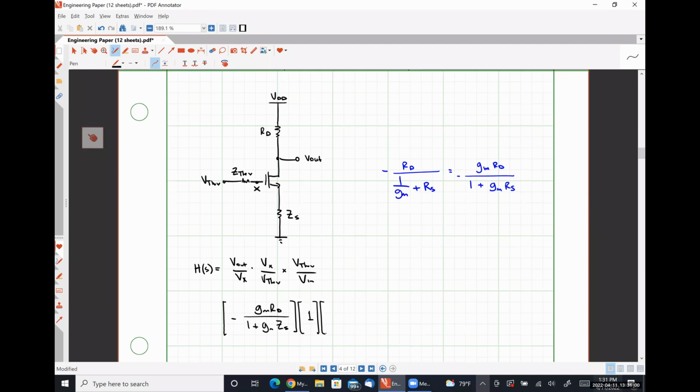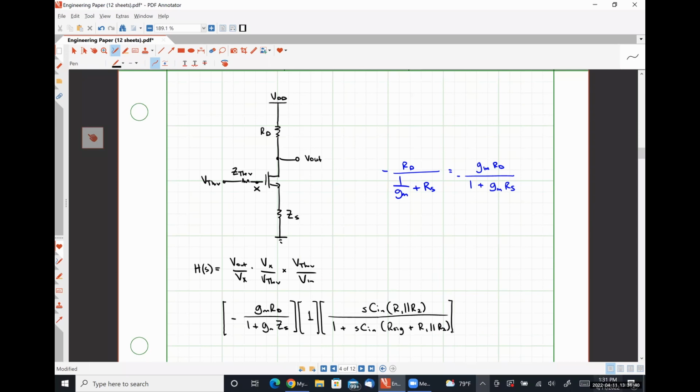So we're going to have SCN times R1 in parallel with R2, divided by 1 plus SCN times R sig plus R1 in parallel with R2. And now it's just algebraic manipulation of things.